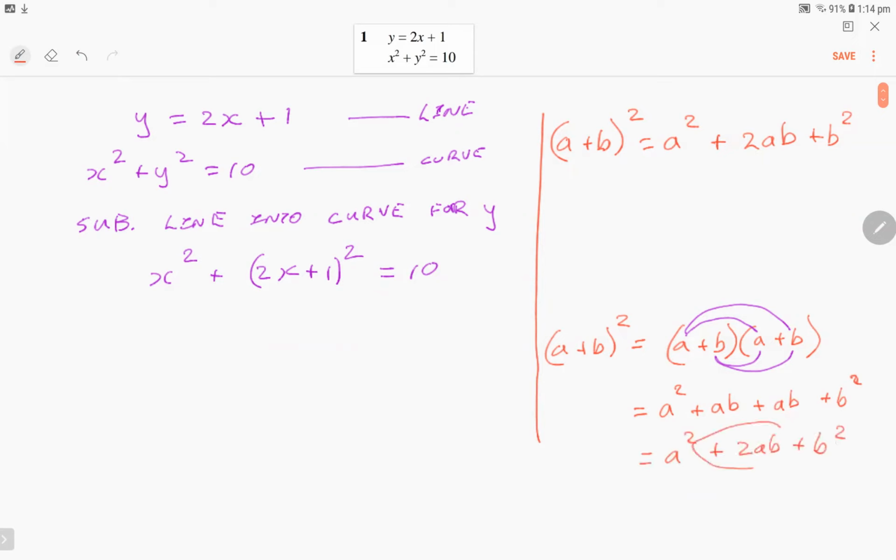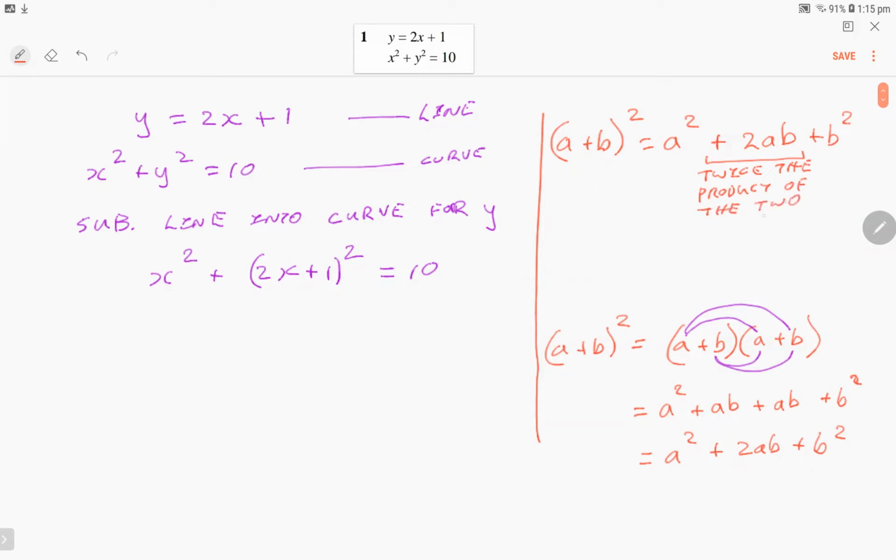And this is one people always tend to forget when you have that perfect square. This middle term, we refer to it as twice the product of the two.